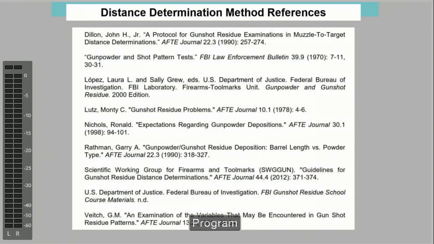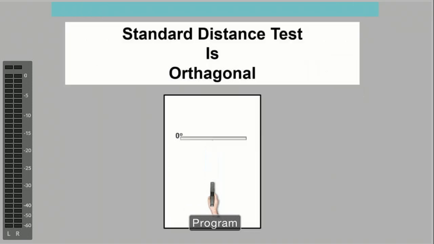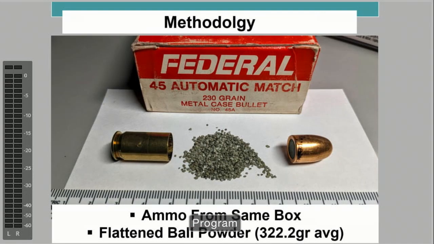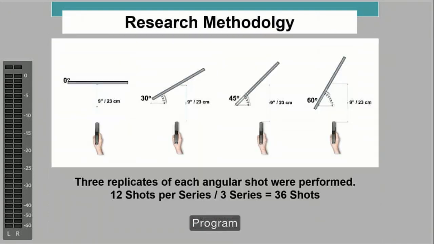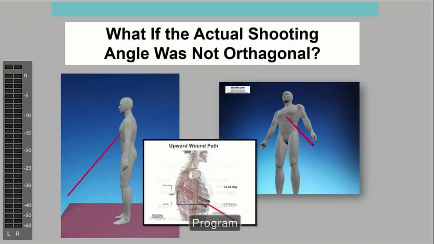I looked up all the references for shooting distance determination, and they always describe it as orthogonal. All the testing is described as shooting orthogonal, which means perpendicular to the target. But I wanted to know, what if the actual angle was not orthogonal?